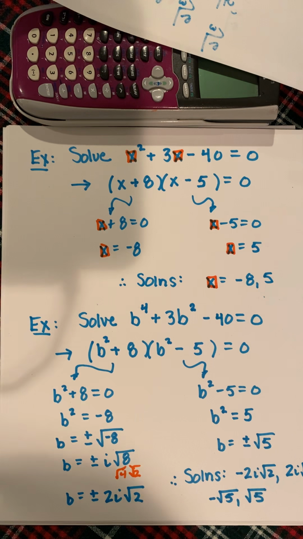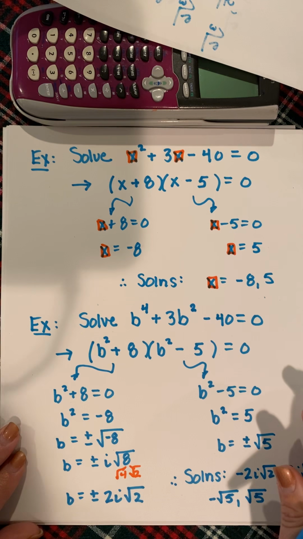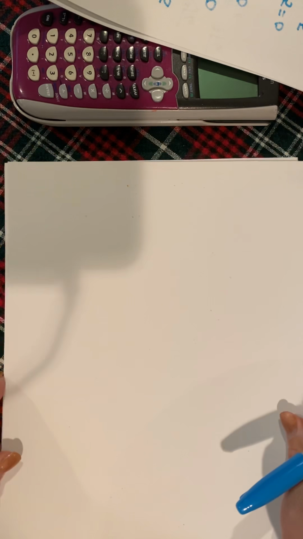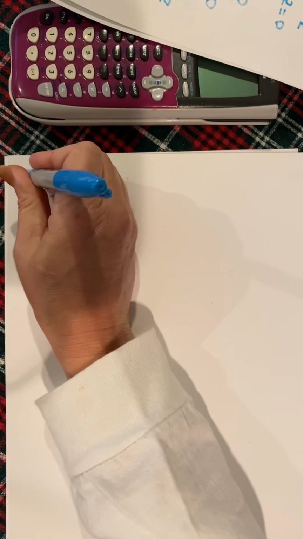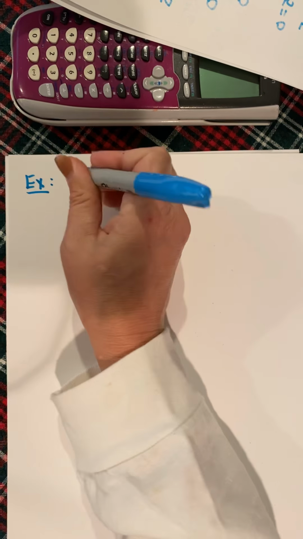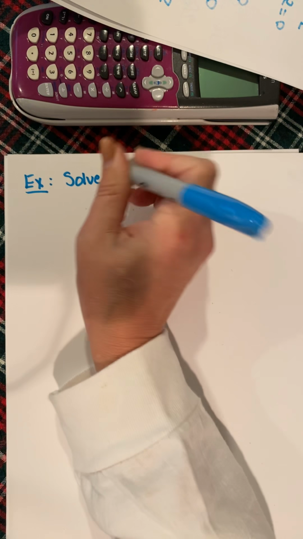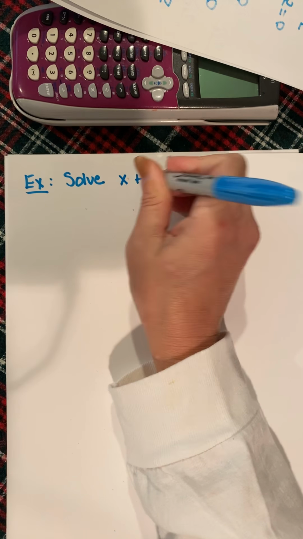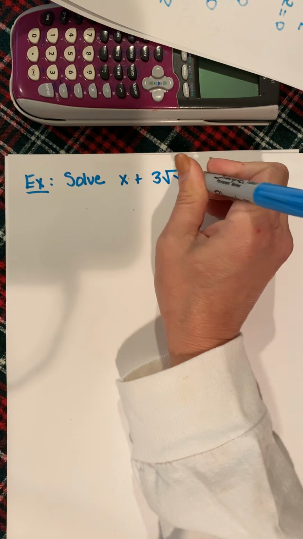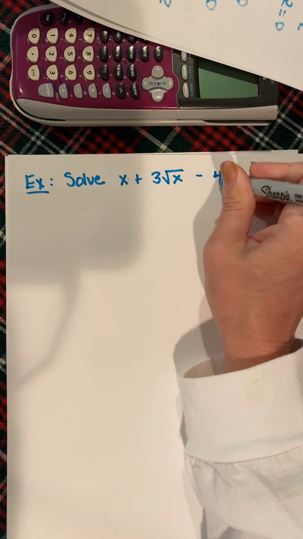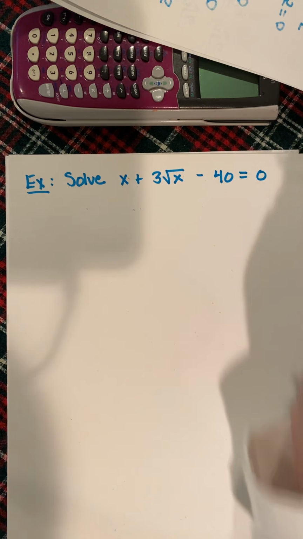So look for patterns here. All right, so I'm going to add a little tiny twist into this. I'm going to say solve x plus 3 square root of x minus 40 equals 0.